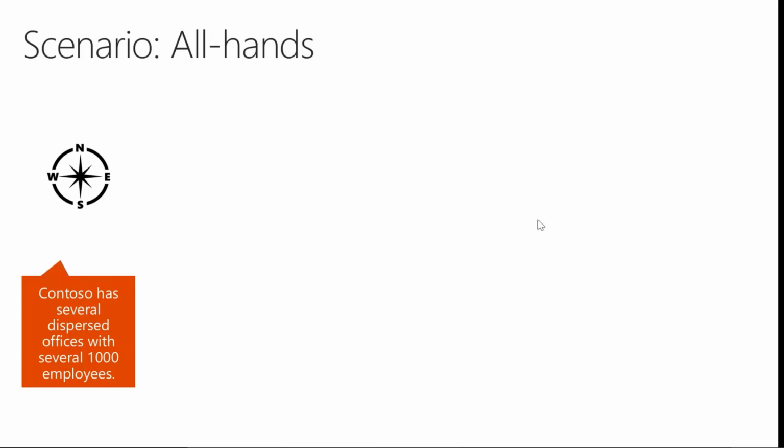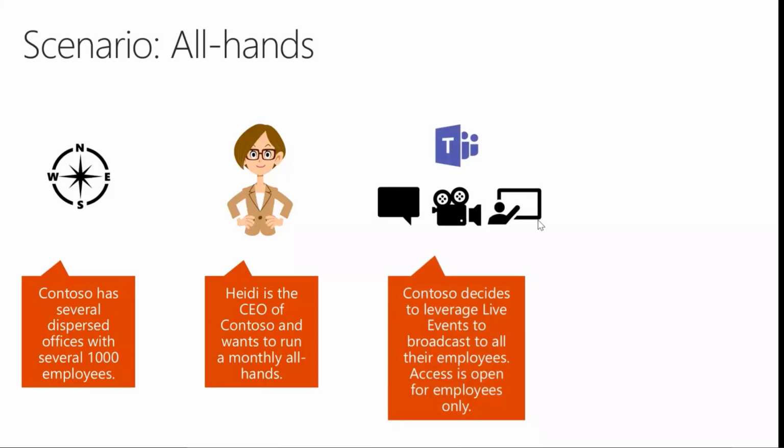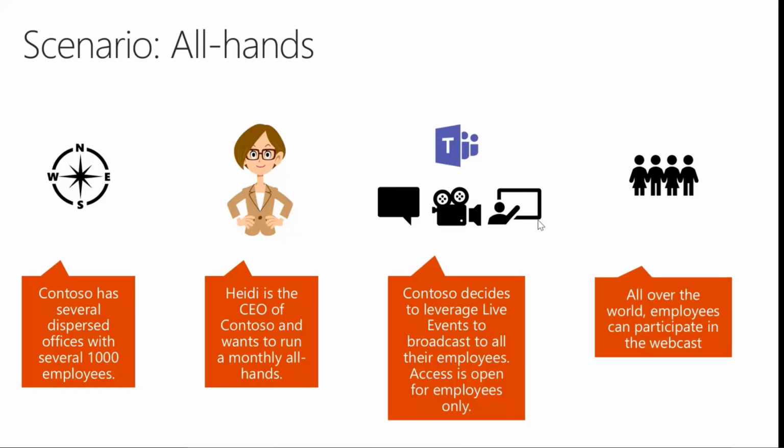They're working from home, or even if your company has different branches across different cities or countries, you wanted to run an all hands meeting. A CEO every month runs a meeting, and they can leverage something like live events to broadcast to all their employees some of the updates for the company, and employees all over the world can participate. So that's just one example.